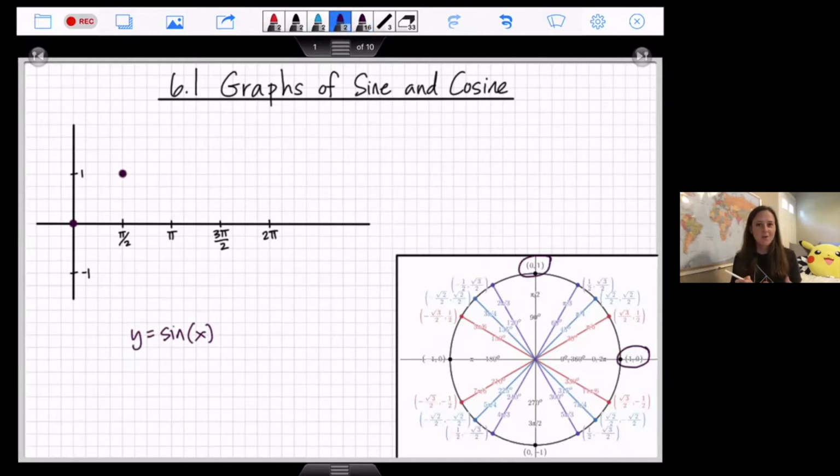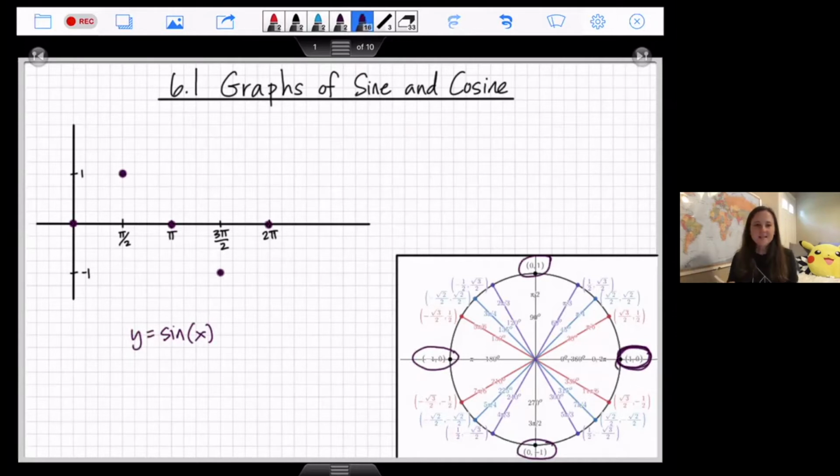Keep going counterclockwise. Pi is over here on the left. Sine of pi is equal to 0. And then when I get down to the bottom of the unit circle, sine of 3 pi over 2 is going to be negative 1. So I'm going to do 3 pi over 2, comma negative 1. Then at 2 pi, I'm back where I started, and sine is equal to 0 again.